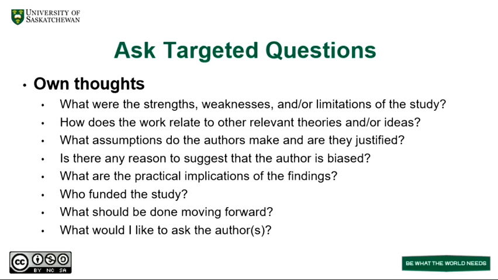Who funded the study? So this potentially relates to this notion of bias. So if you have a tobacco company funding a study, for instance, you might look at the methodology with a little bit more skepticism. So you always want to see if there are any special interest groups funding different investigations.